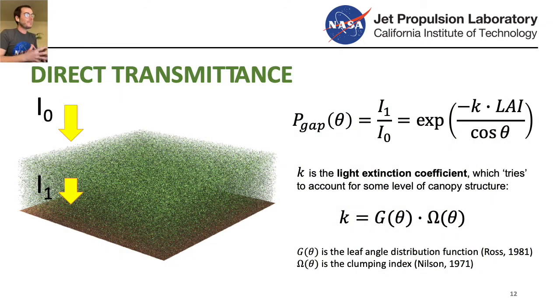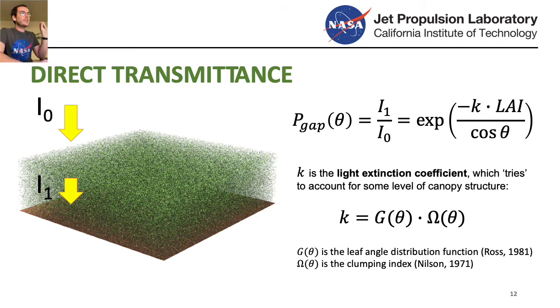So let's have a look at direct transmittance in these canopies in our Earth system models. Direct transmittance is the easy brother of the radiation partitioning members, and something that GEDI measures. GEDI is measuring P-gap as well. The direct transmittance follows an exponential decay of LAI, or the optical depth of this canopy, divided by the cosine of theta, that is the incident angle of the radiation.